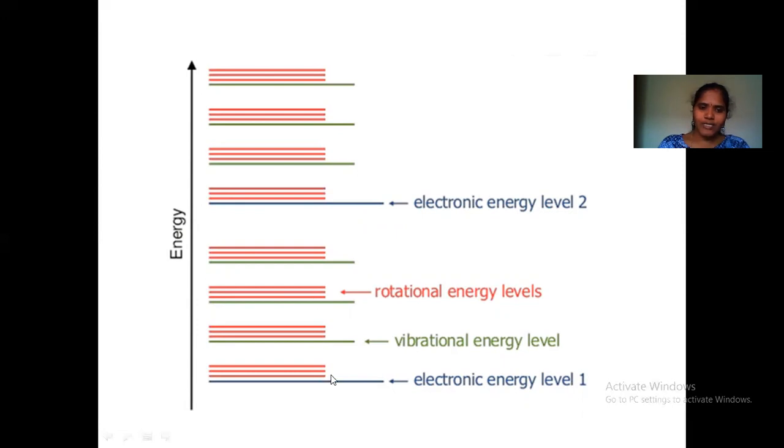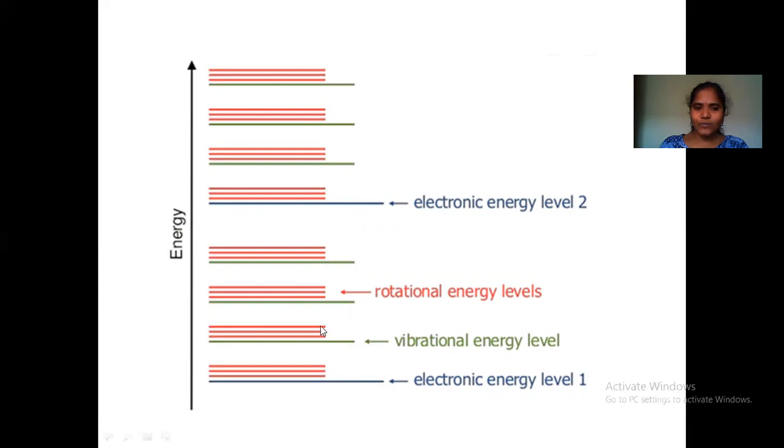If a molecule is exciting from this E1 to this E2, it just crosses all these levels and reaches it. If the radiation supplied has energy equal to the gap between these two, then it absorbs and excites. But if the molecule is irradiated with a smaller amount of energy, which is just sufficient to excite it from this level to the next level, it can't excite from this vibrational level to that one.